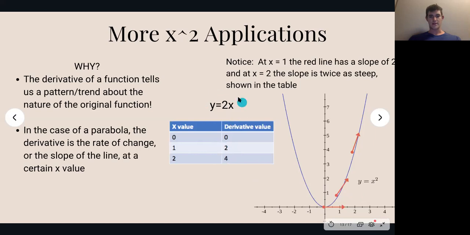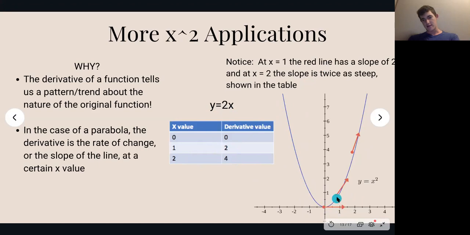So if we look at our derivative of x squared, y equals 2x, and we plot that in a table, we have 1, 2, 2, 4, of course 0, 0. And if you see the slope of our parabola at the red lines, as you can see, the graph comes down, and if the graph were to end here and level out, it would level out at 0.